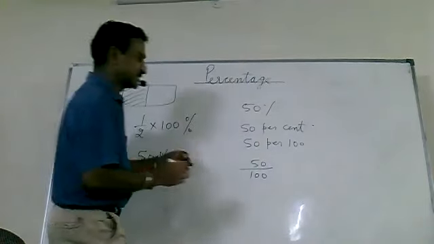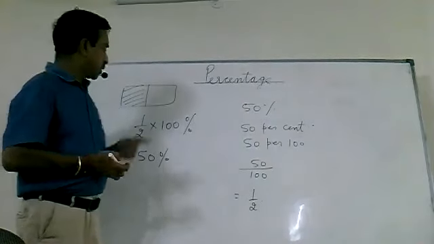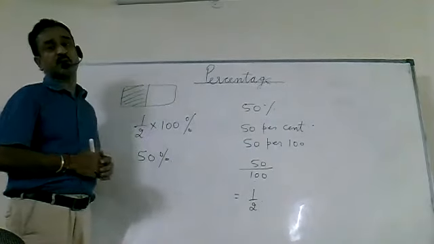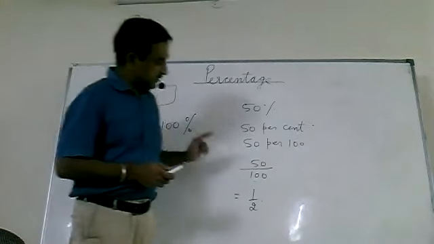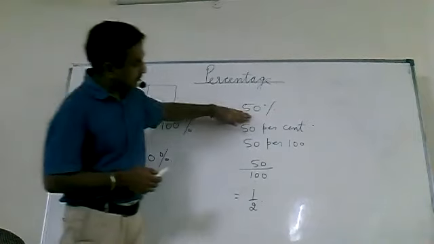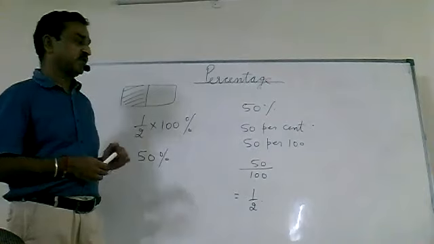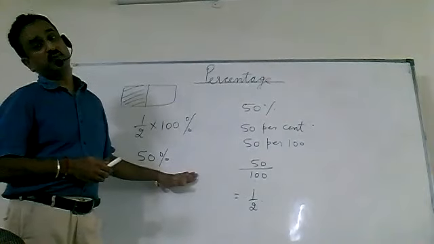Let's simplify this. In the lowest form, this is 1 by 2. So we got back the original fraction, which was 1 by 2. So what I've done here is I have divided this term by 100, right? So that helps me in converting from percentage to fraction.